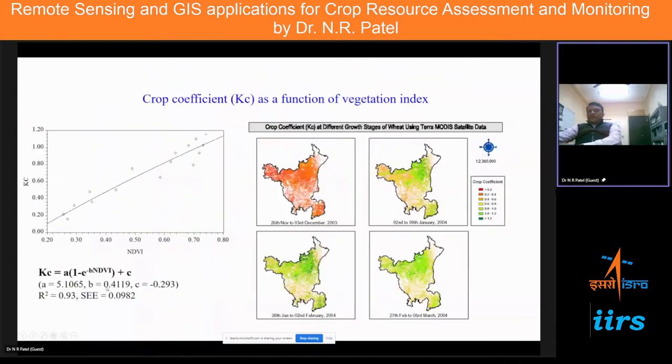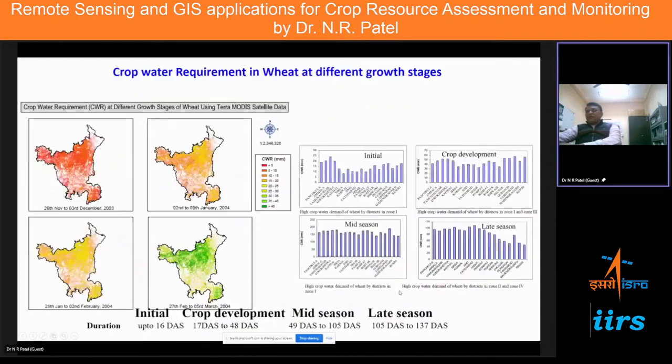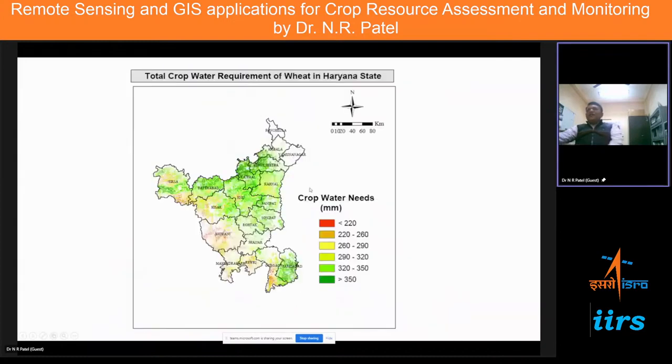We have developed this exponential model of Kc against the NDVI. Then finally the crop coefficient for every week is estimated, and multiplied with the ET0 to get the crop water requirement for different stages. And finally the total water requirement of the different districts in Haryana.